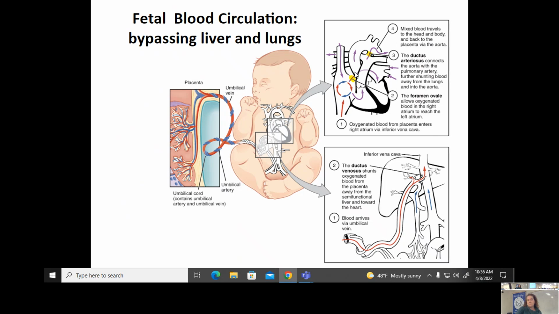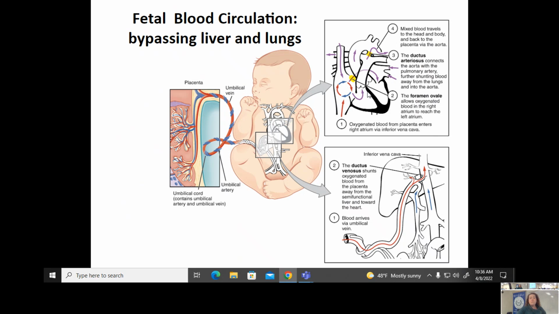So there's a hole in the heart between the atria, and it's called foramen ovale. Foramen ovale. It's a hole between the atria. And the blood goes from the right side over to the left side. The left side of the fetal heart pumps it out to the rest of their body. And it bypasses the lungs, which is interesting.